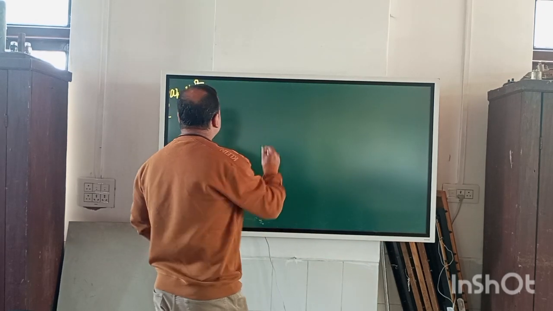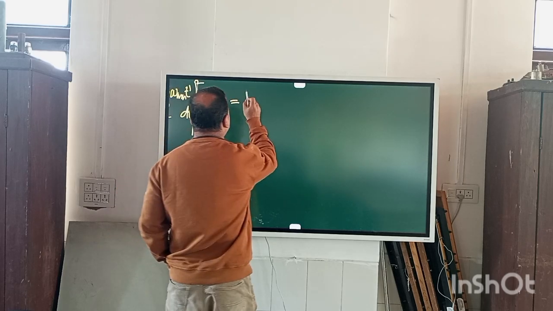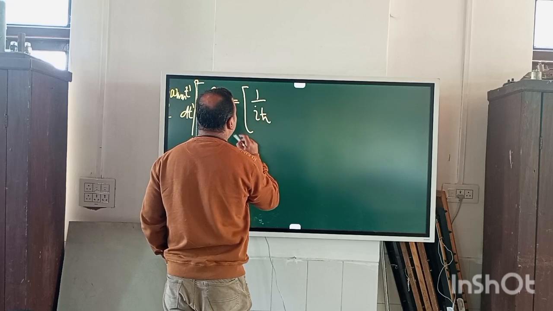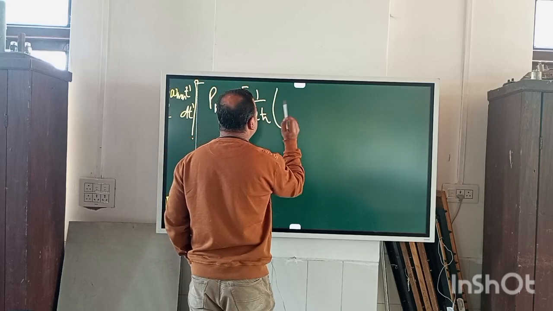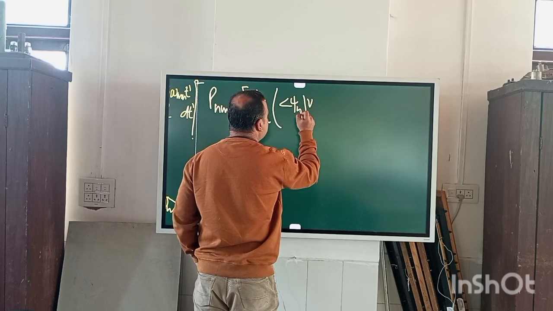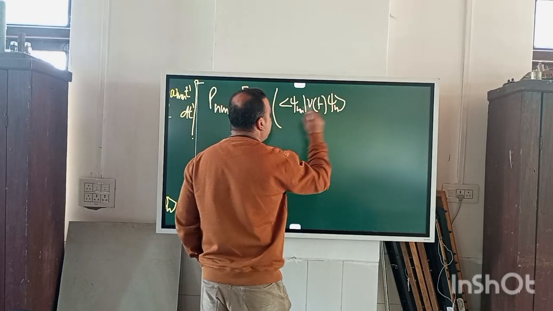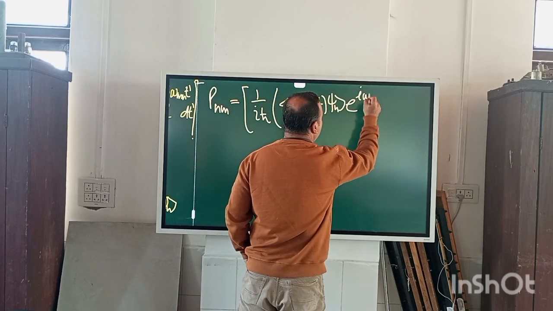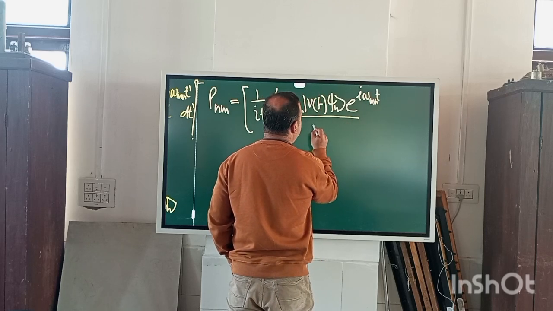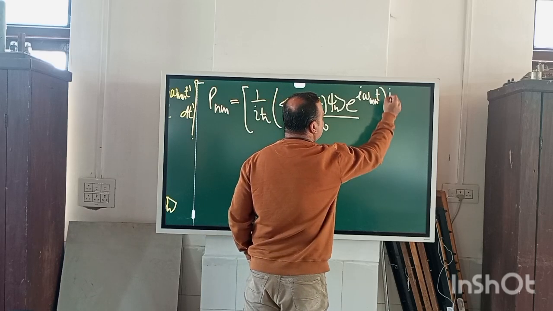So the integration of the second will give me the same result that I obtained here. Let me go here. So what I will have is P_mn will be 1 by iħ, and then times ⟨ψm|V(t)|ψn⟩ and e to the power of iω_mn t divided by iω_mn. For this, we have the limit from 0 to t.